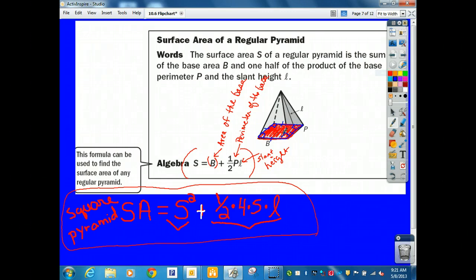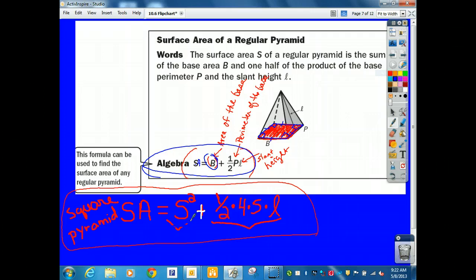All right, so if the base is a square, this is the formula that you need. Well, this is basically the formula for any of them right here. The surface area equals the base. So whatever your base is, if it's a square, how do you find the area of a square? Right here. Side squared.